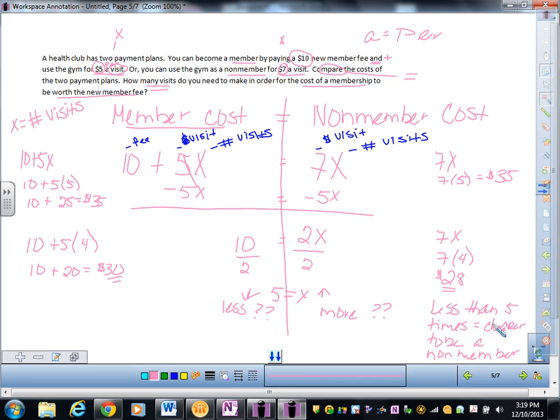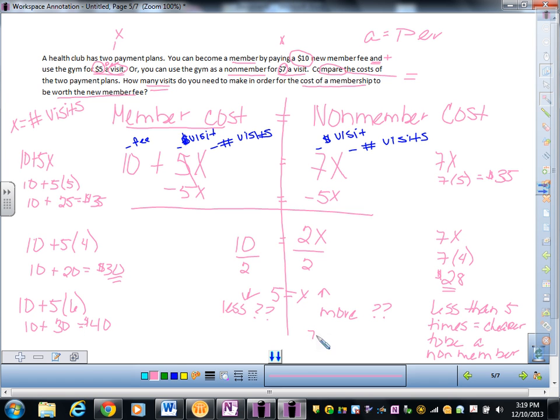Let's see what it is if we go more than 5 times. So more than 5 times would be a number greater than 5. So we have 10 plus 5 times a number greater than 5. We can pick 6. 5 times 6 is 30, plus 10, that's going to be $40.